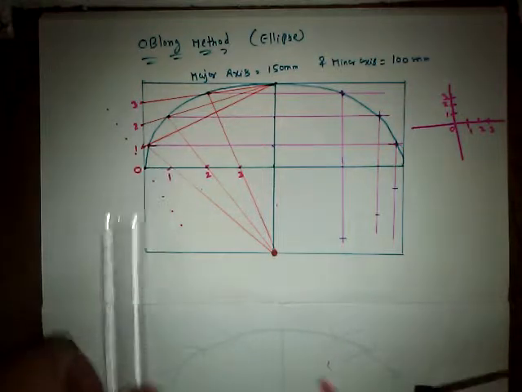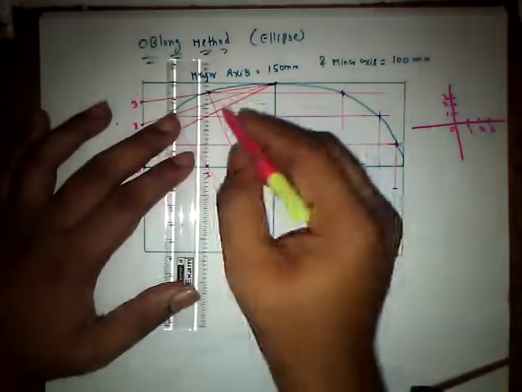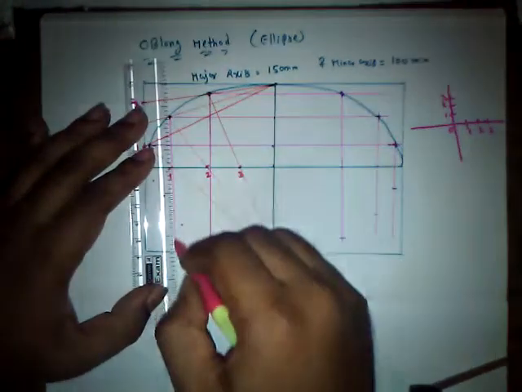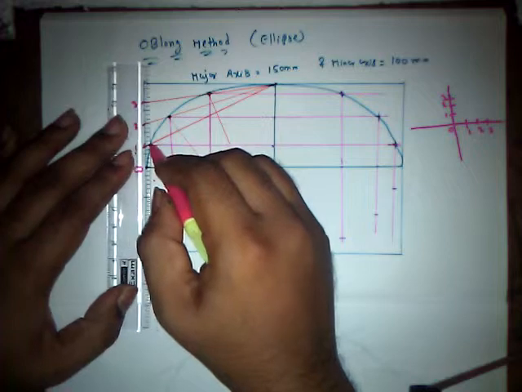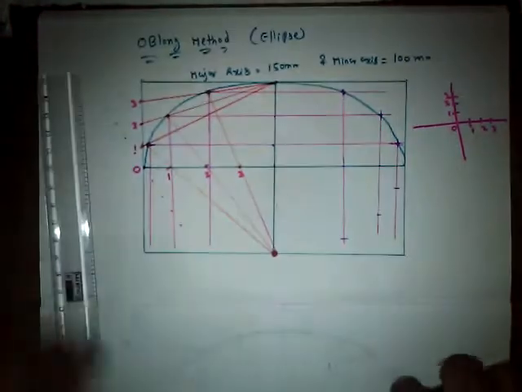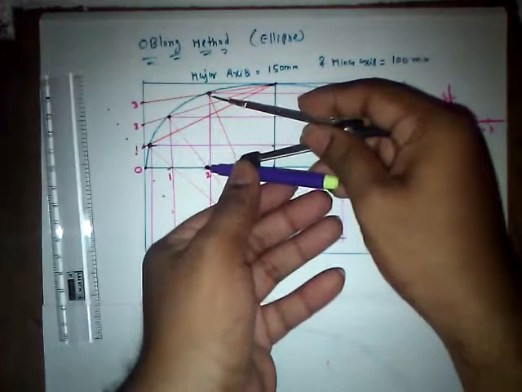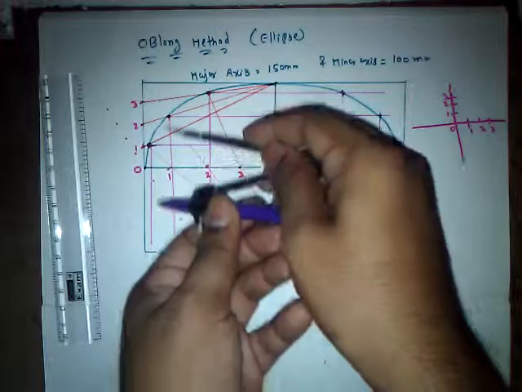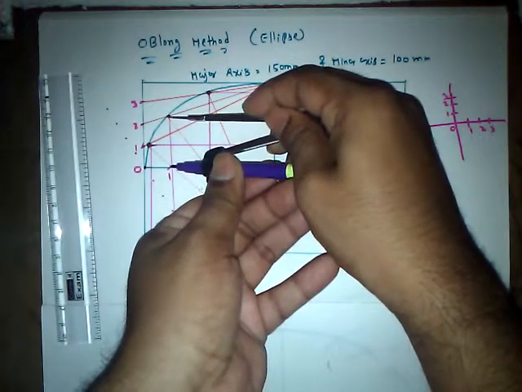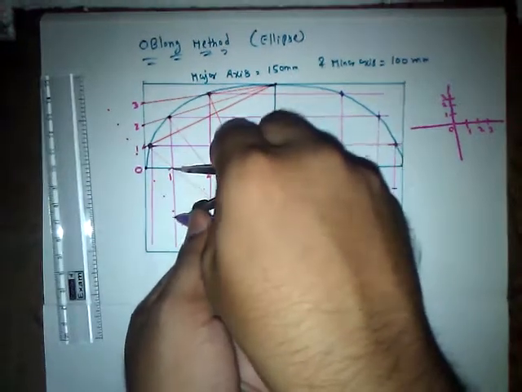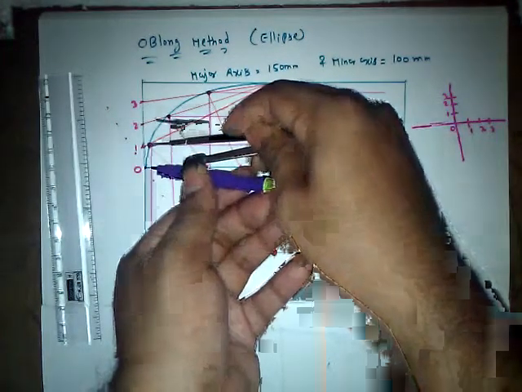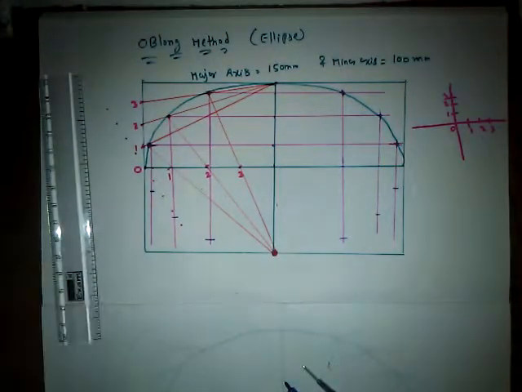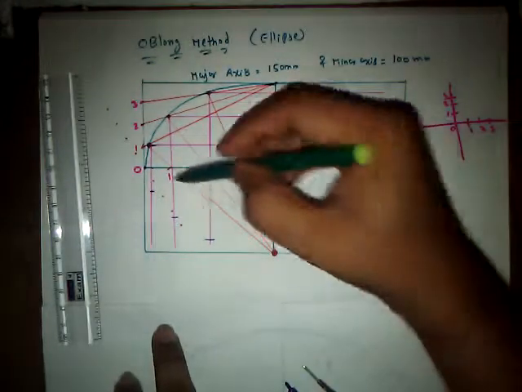So we got the points over here too, and in the same manner we shall drop these points downwards. Measure this distance. So finally we got all the required points, guys. So let us join them with free hand.